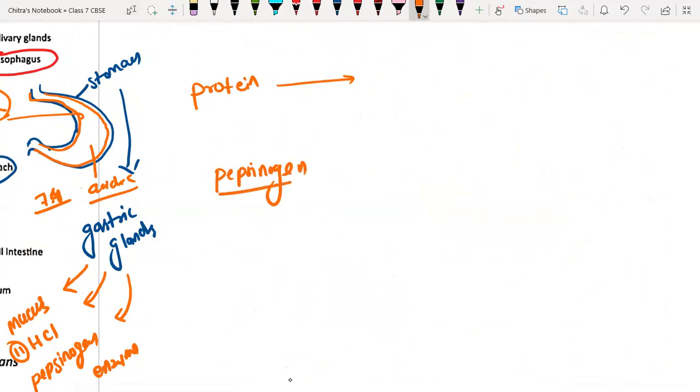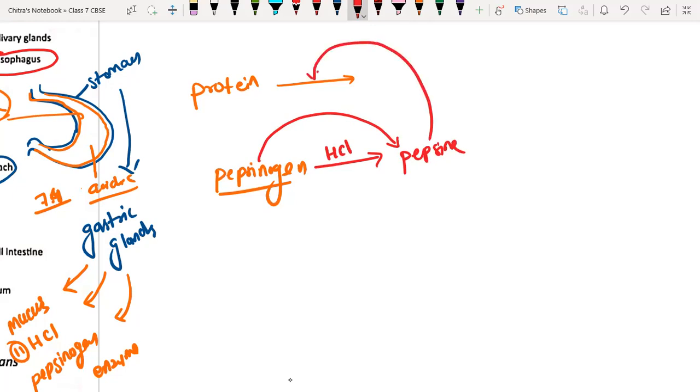It is not much active. So pepsinogen converts into pepsin. Very important: in the presence of hydrochloric acid, pepsinogen gets activated and forms pepsin, and that pepsin helps in the digestion of protein, and protein gets broken down into peptides.